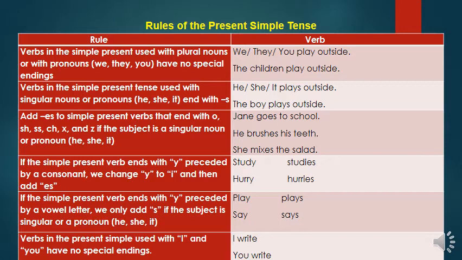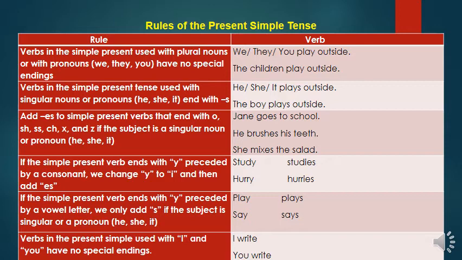Also, when the verb ends with z, we add also es. So, we add es to some verbs which end with o, sh, double s, ch, x, and z. So, if the verb ends with one of these, it means we have to add es to the verb.